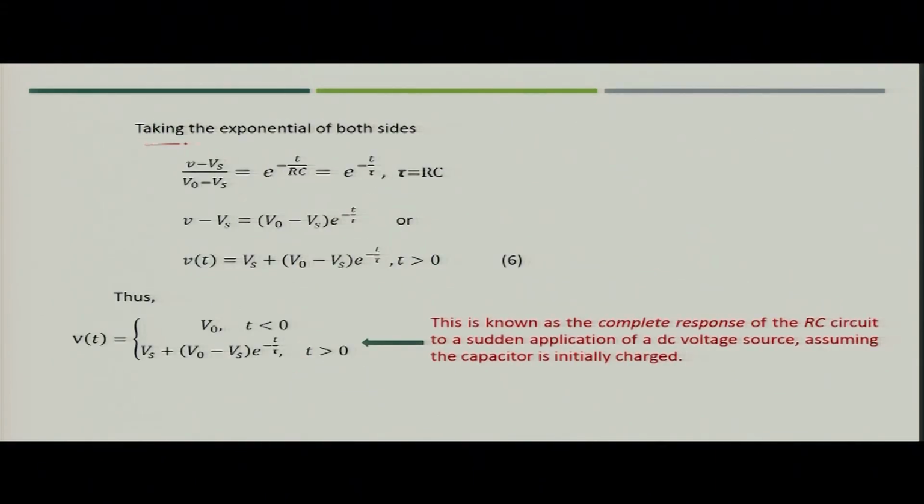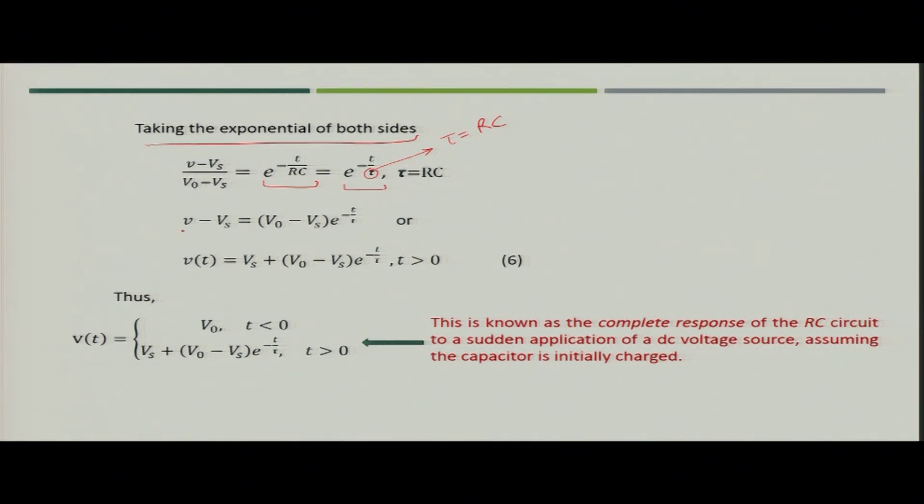and when you take the exponential on both sides, you will simply get (V minus Vs) upon (V naught minus Vs) is equal to e to the power minus t by RC. When we discussed the source free response of the RC circuit, we termed tau as the time constant, which was nothing but equal to RC. So, we will use the same time constant and replace RC with tau.